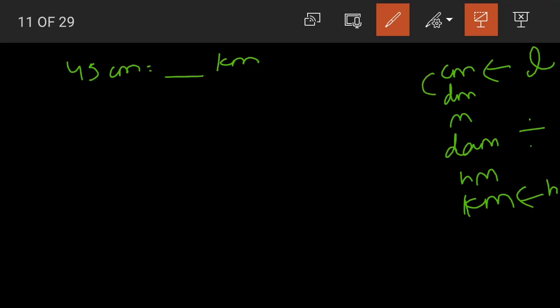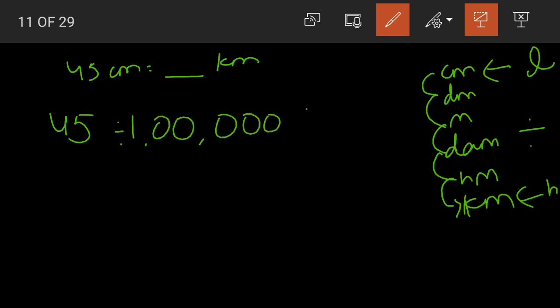Count the number of jumps, 1, 2, 3, 4, 5. We need 5 jumps. So 45 is to be divided by 1 lakh kilometers. When we divide, the answer will be in kilometers. That is why we are writing kilometers.